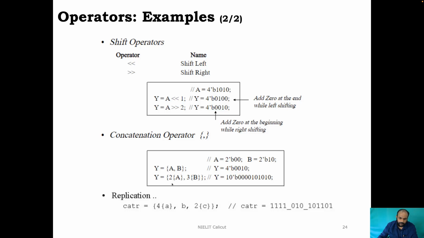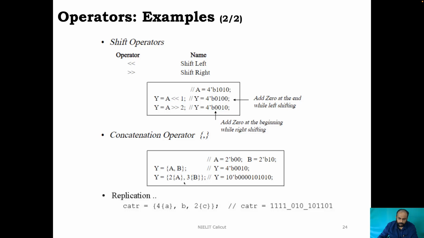This is an example of replication plus concatenation. Here the number A is replicated twice. A was a 2-bit number, so when you replicate it twice, you get a 4-bit number, A written twice, 0000. Similarly, B is replicated thrice, so it's a 6-bit number, 101010.